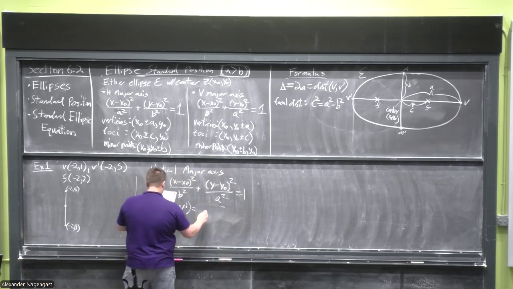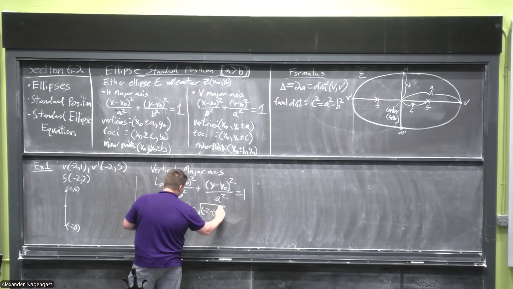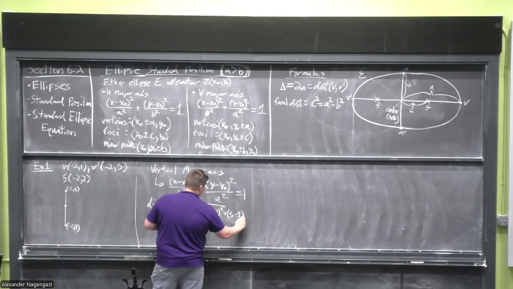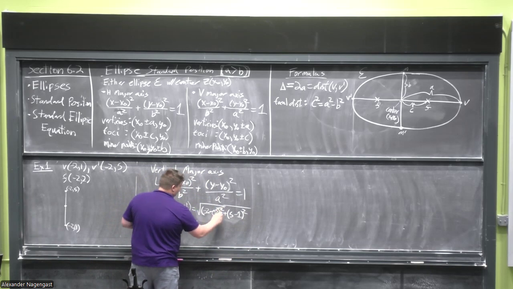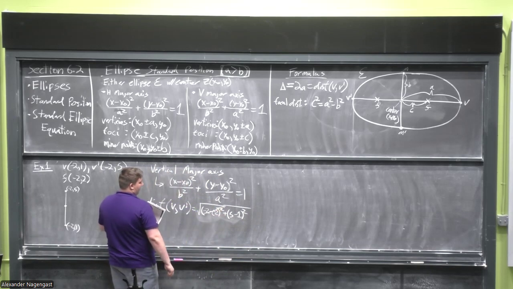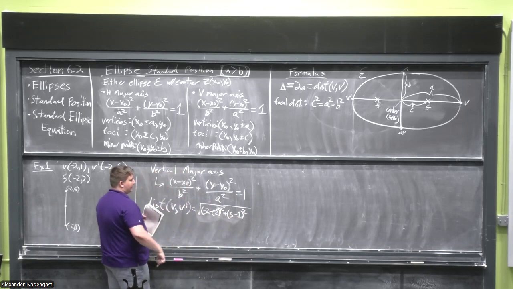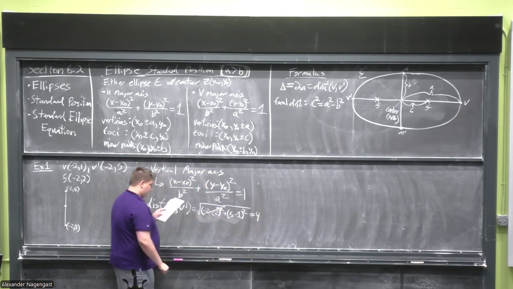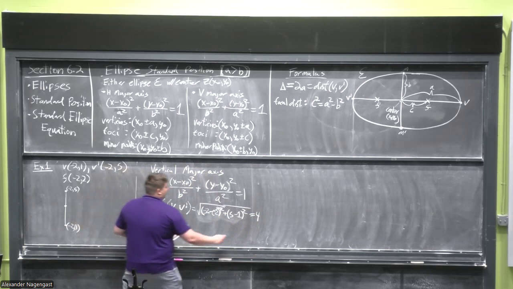We'll have the square root of -2 minus -2 squared plus 5 minus 1 squared. -2 minus -2 goes to 0. And then 5 minus 1 is 4, 4 squared is 16, square root of 16 is 4. So that is our delta.